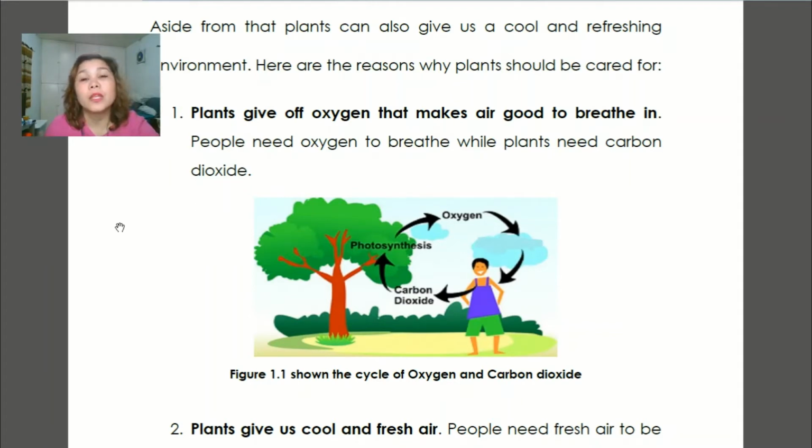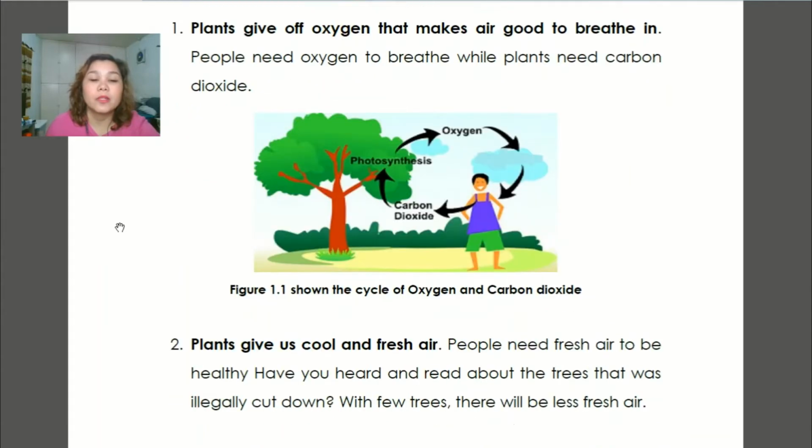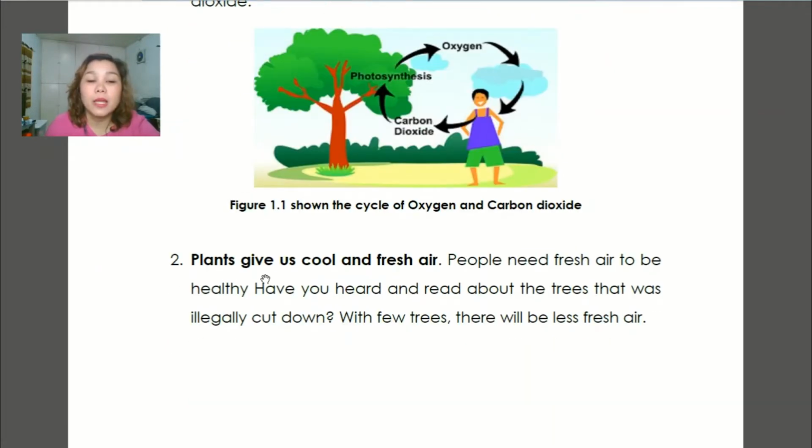And at the same time, plants also need air, which we call carbon dioxide. Look at figure 1.1. It shows the cycle of oxygen and carbon dioxide. So there's an exchange.